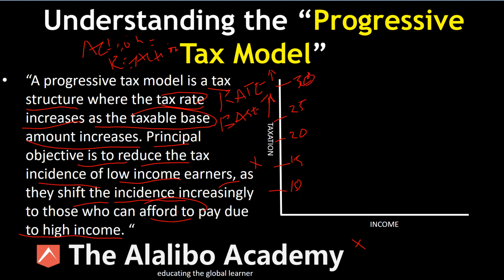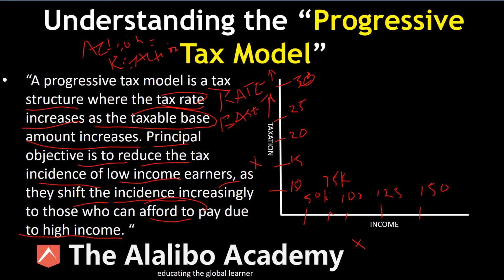And then income goes from 50K to 100K to 125K to 150K. Actually, let's put here 75K.